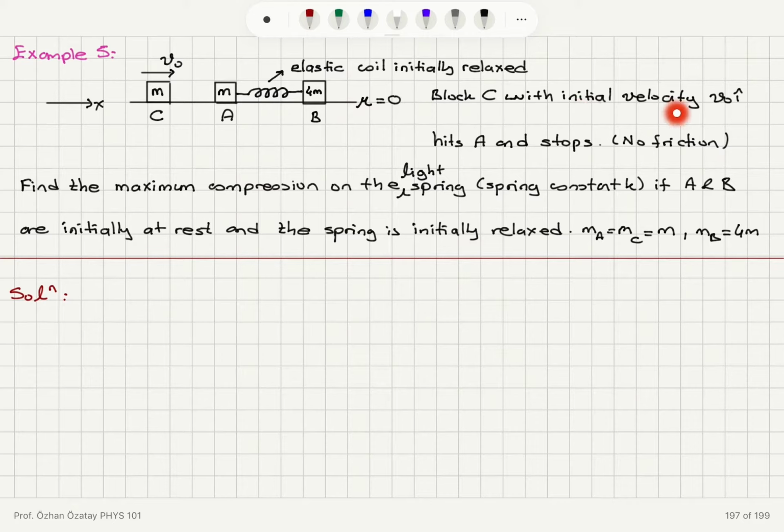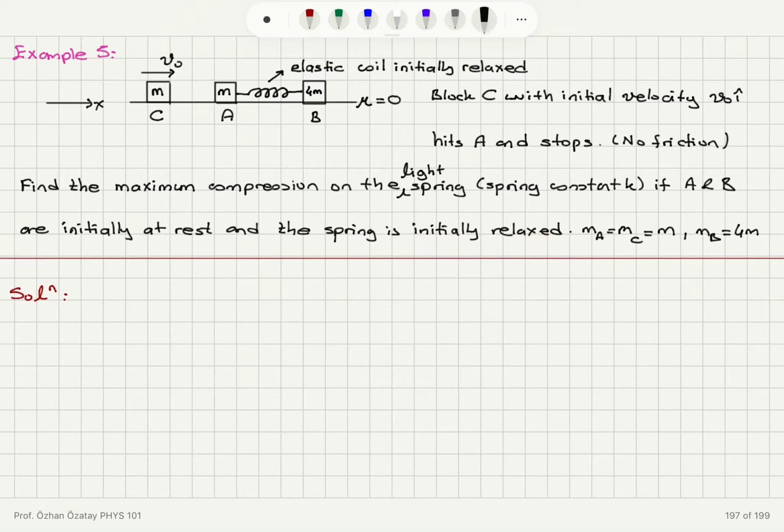So block C with initial velocity v0 i hat hits A and stops, and there is no friction. Find the maximum compression of the light spring. We neglect the mass of the spring. Spring constant k, if A and B are initially at rest and the spring is initially relaxed.